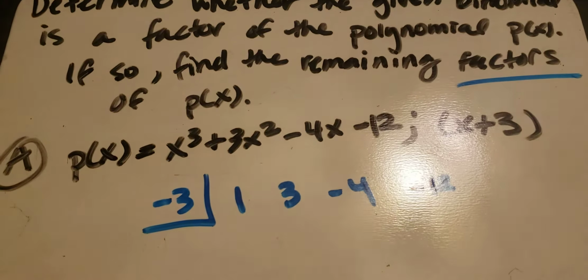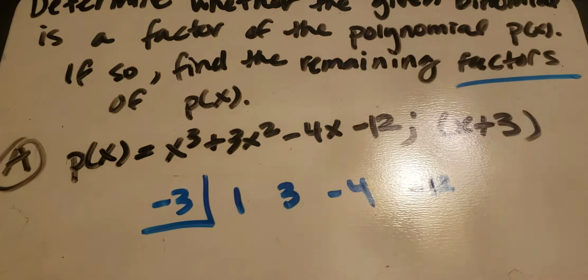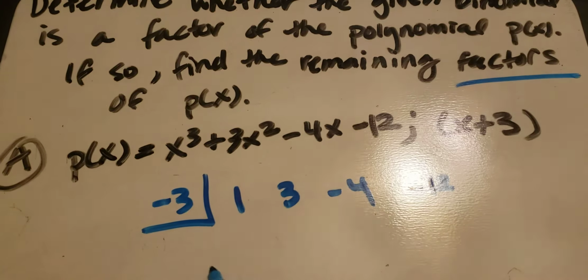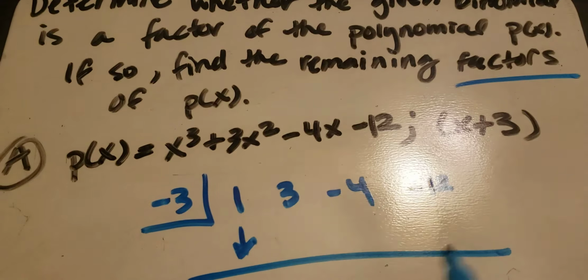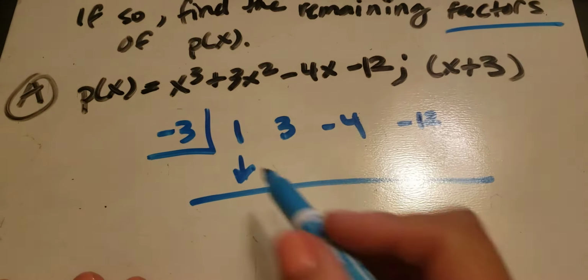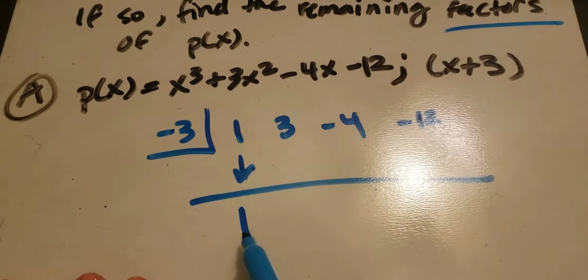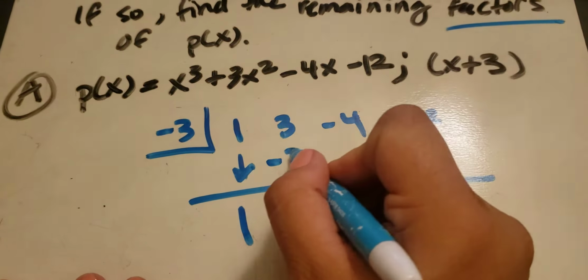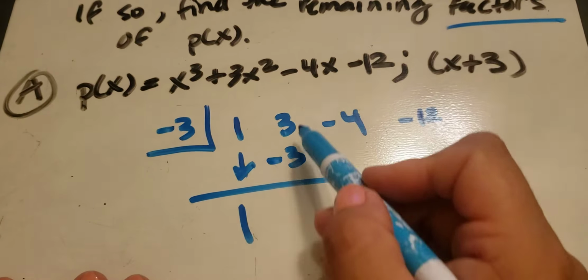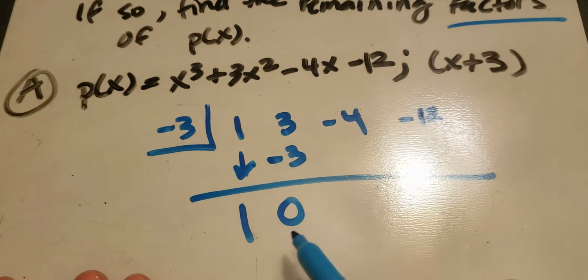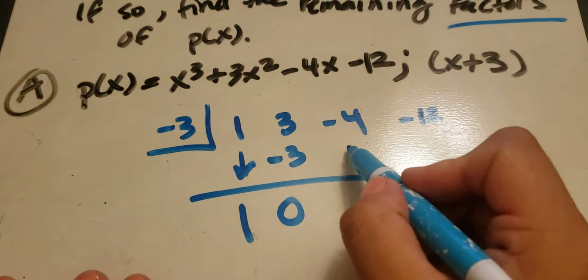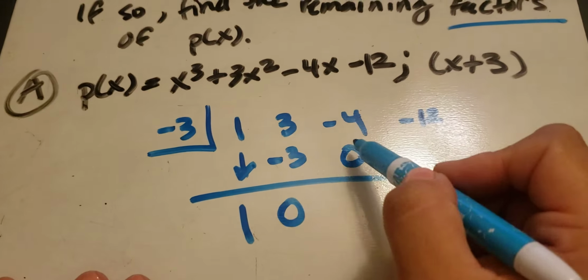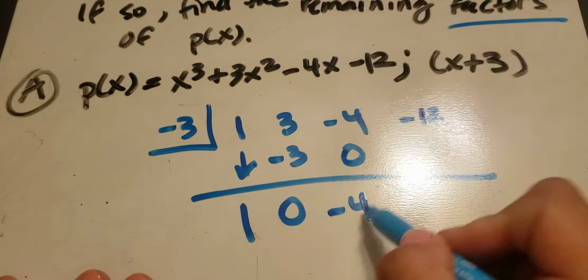Okay? And now we just go through synthetic division. So our first value, we just write it down. So this is just 1. Then we multiply 1 times negative 3, and we get negative 3. 3 minus 3, we're combining like terms, we get 0. 0 times negative 3, 0. Combine like terms, negative 4 plus 0, negative 4.